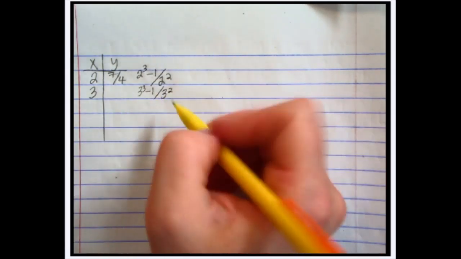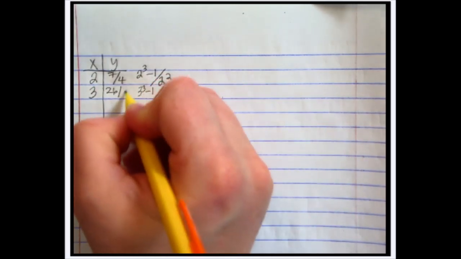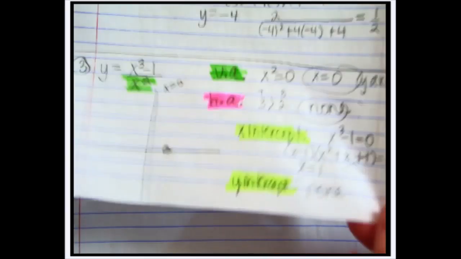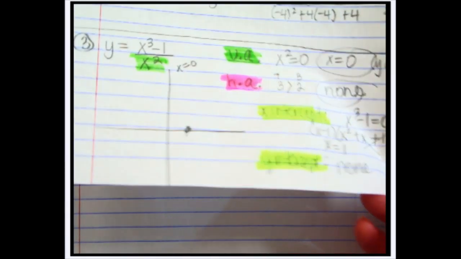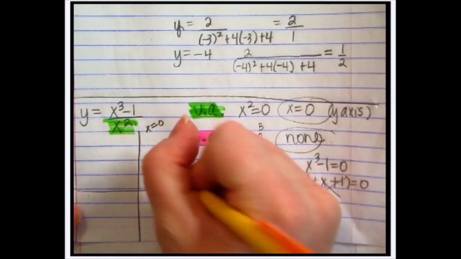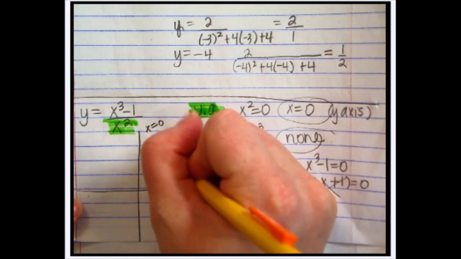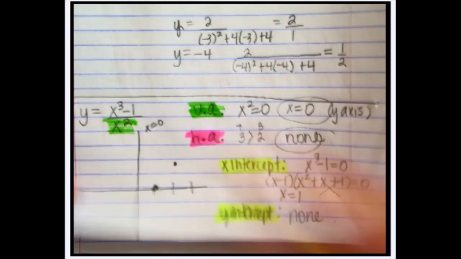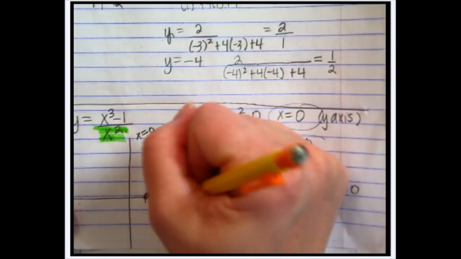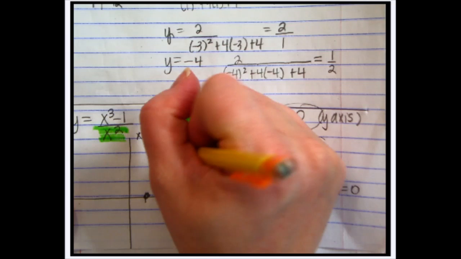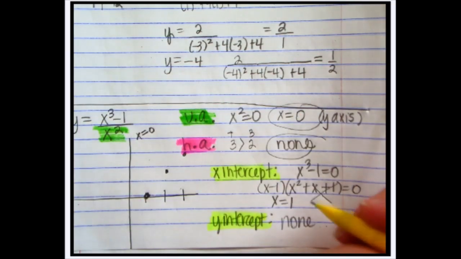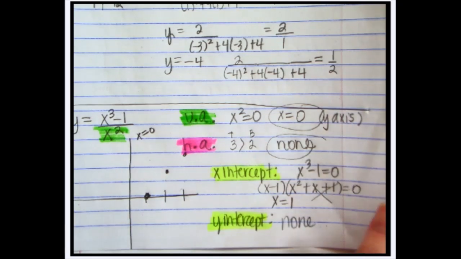So we get 26/9. So if we went to graph that, 7/4 is what? 1 3/4. So we go to 2 and we go up 1 3/4. And then if we go over to 3, we have 26/9, which is almost 3. So I'm really not sure what that's going to be. It should not be a straight line. We know that much at least.